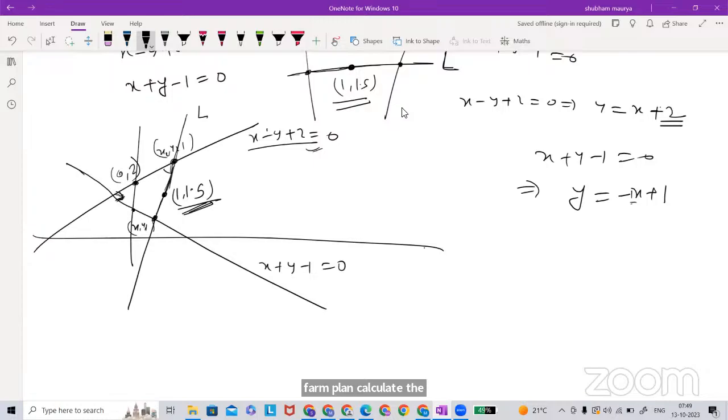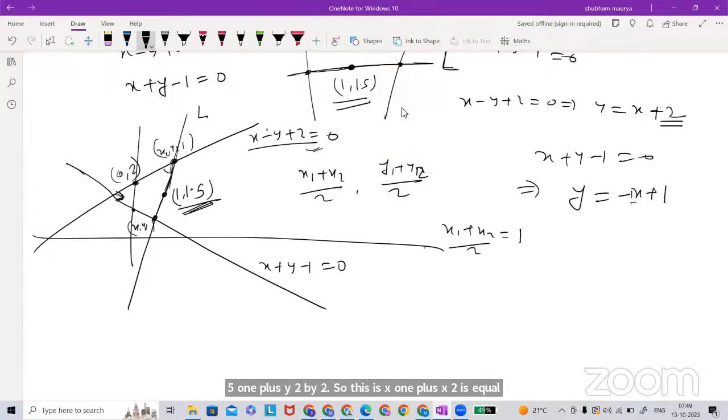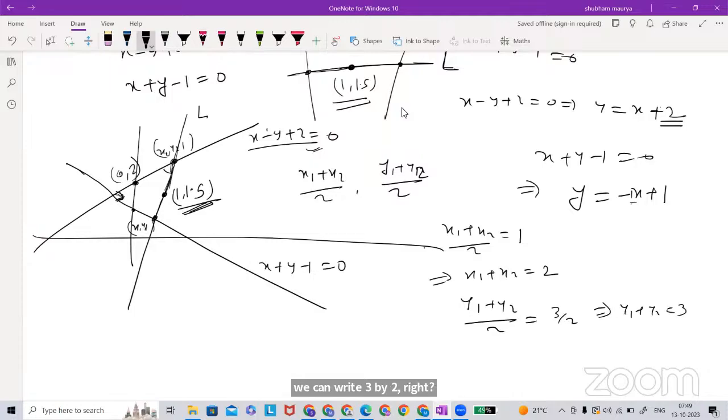So what is the midpoint formula? X1 plus X2 by 2, Y1 plus Y2 by 2. So this x1 plus x2 by 2 is equal to 1, which is x1 plus x2 is equal to 2, and y1 plus y2 by 2 is equal to 1.5, or we can write 3 by 2, right? So this is y1 plus y2 is equal to 3.